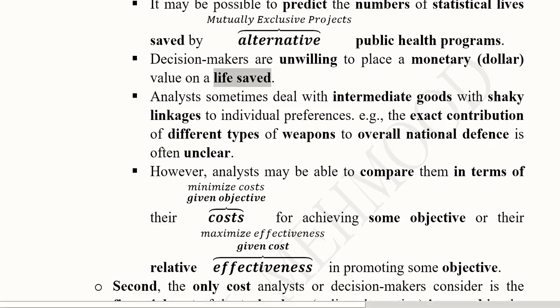So life is explainable in many ways, and if we simply assign a dollar value based upon the income earned, that will be perhaps underestimation of something very precious. So this is one thing. Therefore, we can see that quantification or monetary value is not easily assigned to various benefits, that is a life saved, etc.